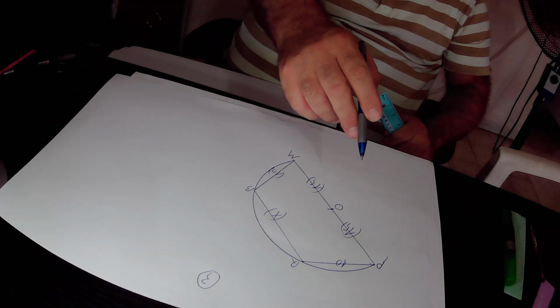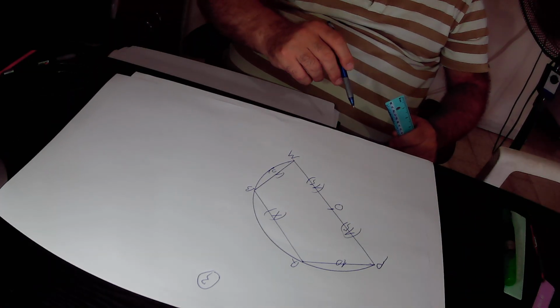So here is the semicircle with the diameter PM that I copied from the original drawing.